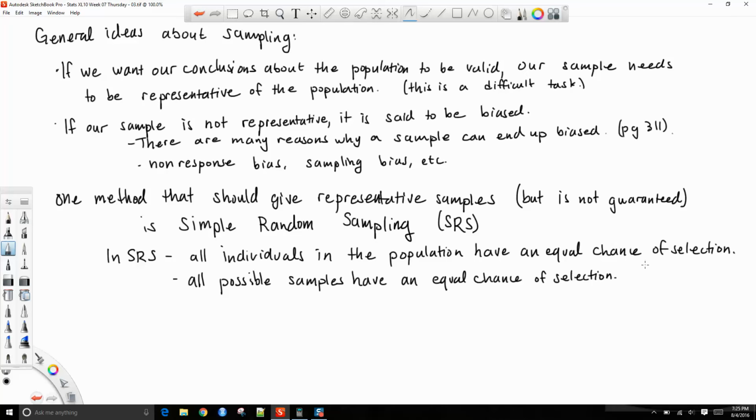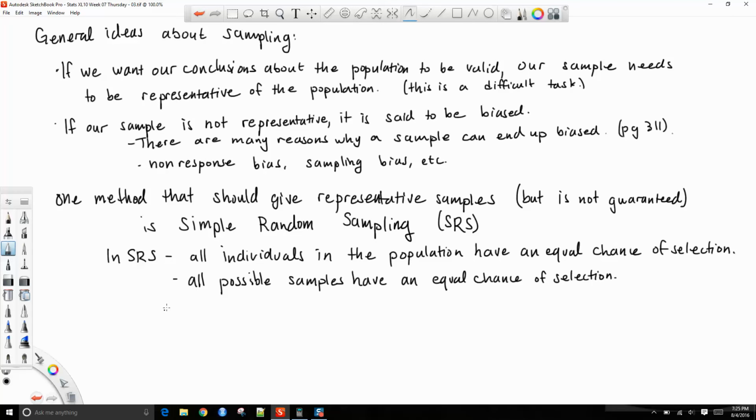So the combination 12, 15, 26, 33, 42, and 55 has the exact same probability as the combination 9, 12, 58, 41, 39, and something else, okay? Every possible combination of numbers has the same chance of being selected, and that's because the way lotto numbers are selected is via simple random sampling, okay?